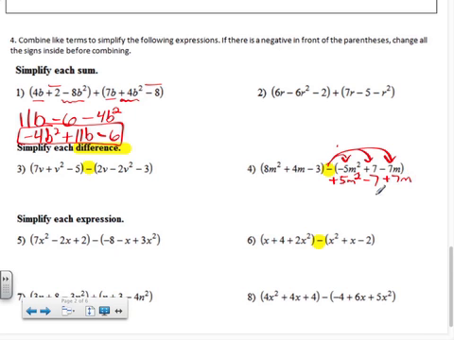And then guess what? You do the same thing that we just did. Combine like terms. So 8m squared plus 5m squared.